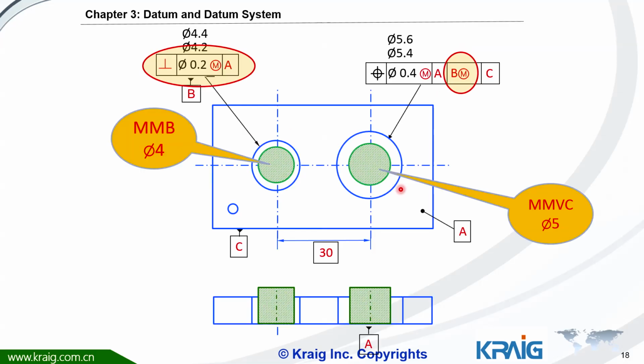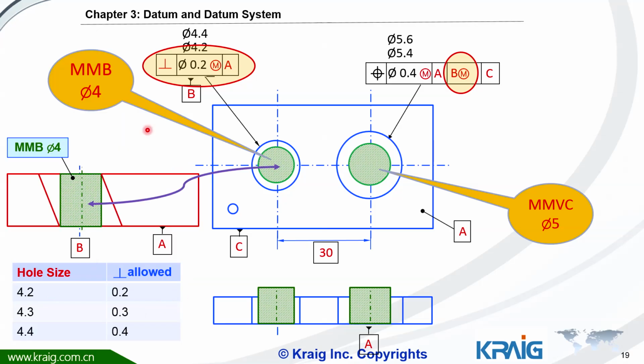This is one of the examples here. As we mentioned, example number 1, if datum B has a perpendicularity requirement of 0.2 M, that means it's allowed to have perpendicularity variation. So what does it mean here? It means datum B is allowed to tilt in reference to datum A. Right? And here we're going to find the value.